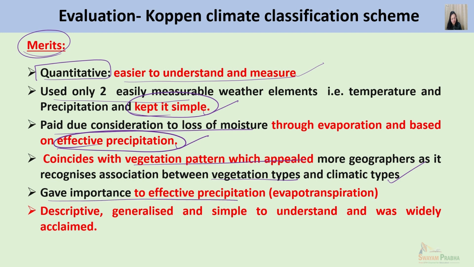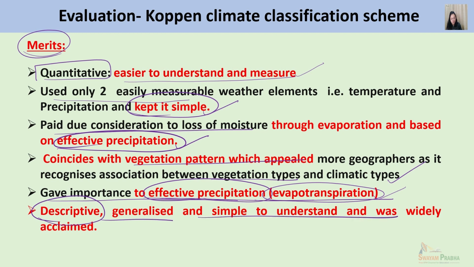And he gave due importance to effective precipitation also, although the concept of effective precipitation was added later on in later modifications of Koppen. And finally, his model was descriptive, it was generalized, and it was simple to understand, and therefore it could be understood by any person who was trying to understand the climate of the region.